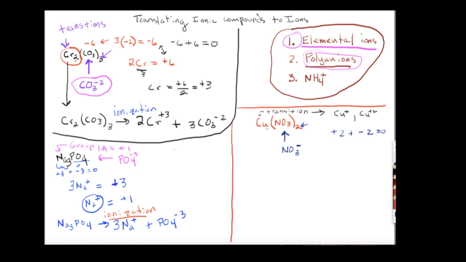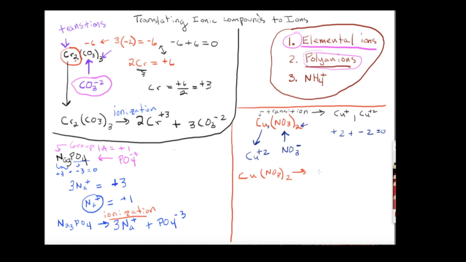All right, so since there's only one copper here, the subscript here, even though we don't show it as a 1, the copper is going to be Cu+2. So let's go ahead and write the ionization equation. We're going to form ions, so we rewrite the chemical compound that looks like this.